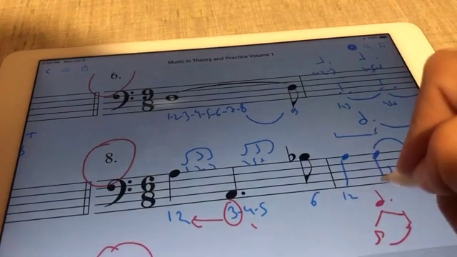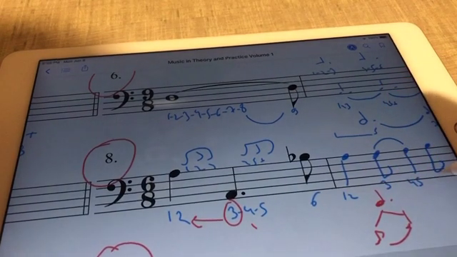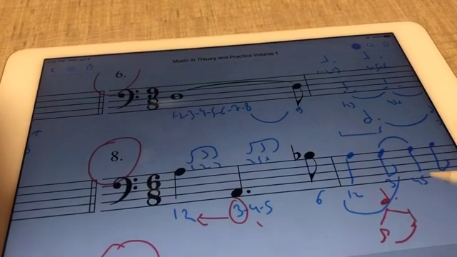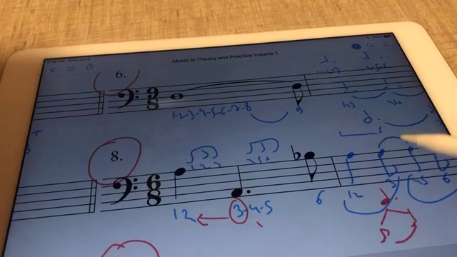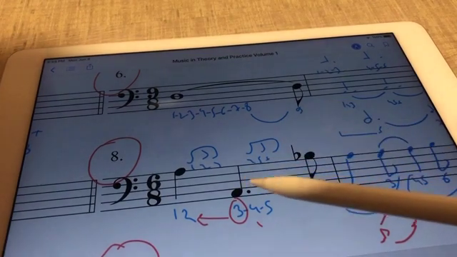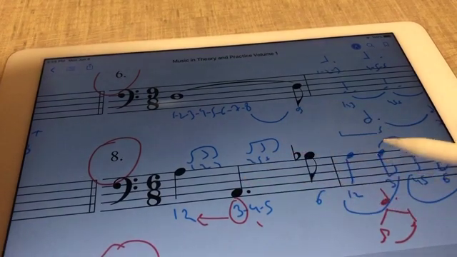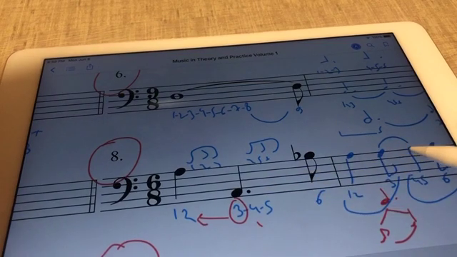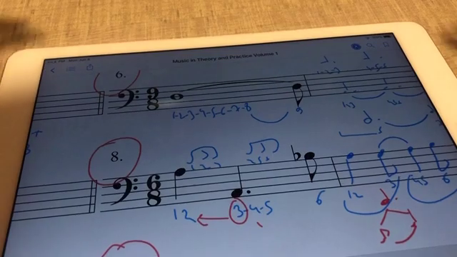So 1, 2, 3, 4, 5, 6. So in my count, I can clearly see the 1, 2, 3 on one side, the 4, 5, 6 on one side, but the fact that these are tied doesn't change the way it's played. I know it's a long note of 3. This is a long note of 3. This is a long note of 3. I just wrote it in a different way.